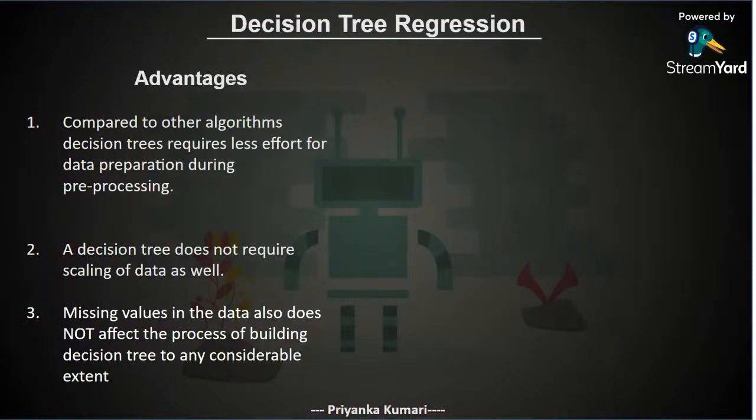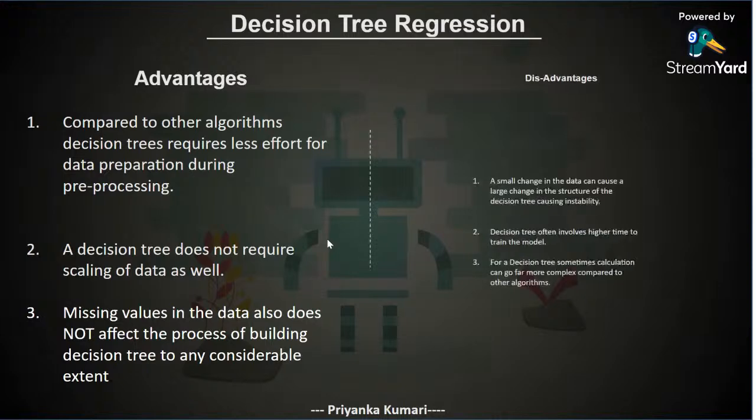The third advantage is that missing values in the data do not affect the process of building a decision tree to any considerable extent. So if you forget to handle a missing value, it won't be a problem in a decision tree, because the accuracy won't be affected here.